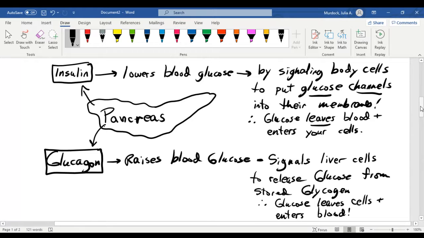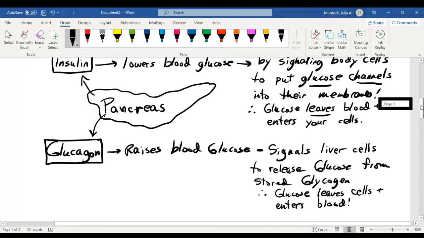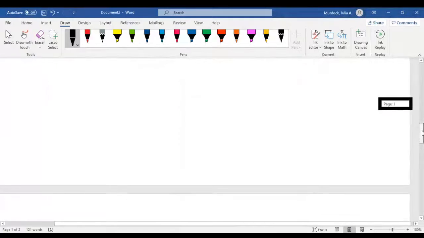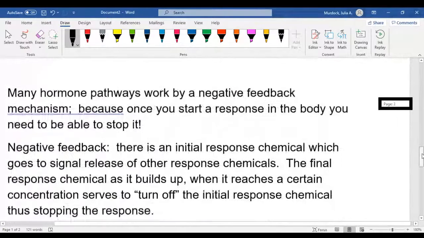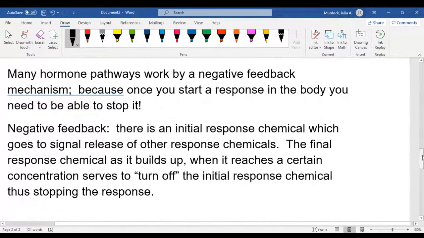So there's one other little piece here that I want you to read, which kind of goes along with this. Leave this behind. Again, this is all recorded, so you can go get it later, right? Let's just take a look at this for a second. So many hormone pathways work by a negative feedback mechanism, because once you start a response, you need to be able to stop it. So negative feedback usually works like this.